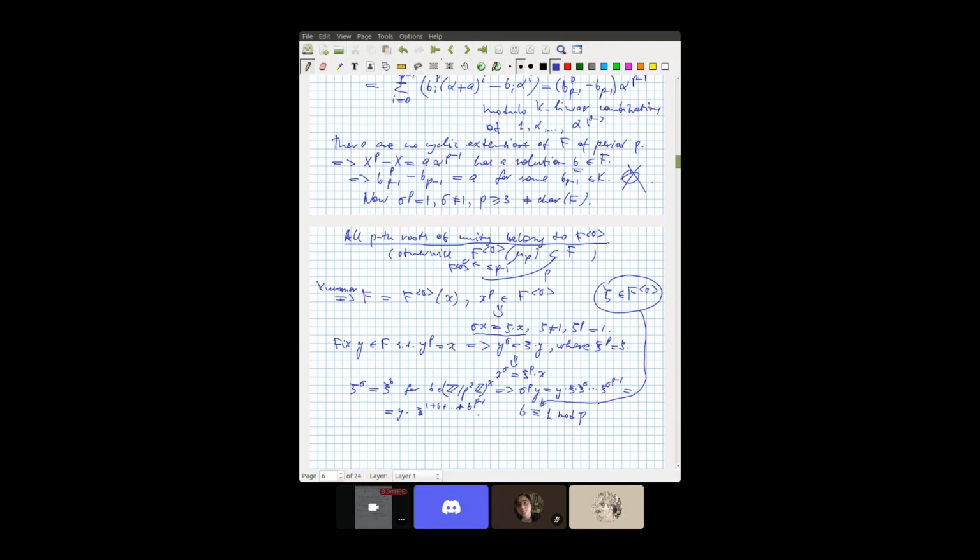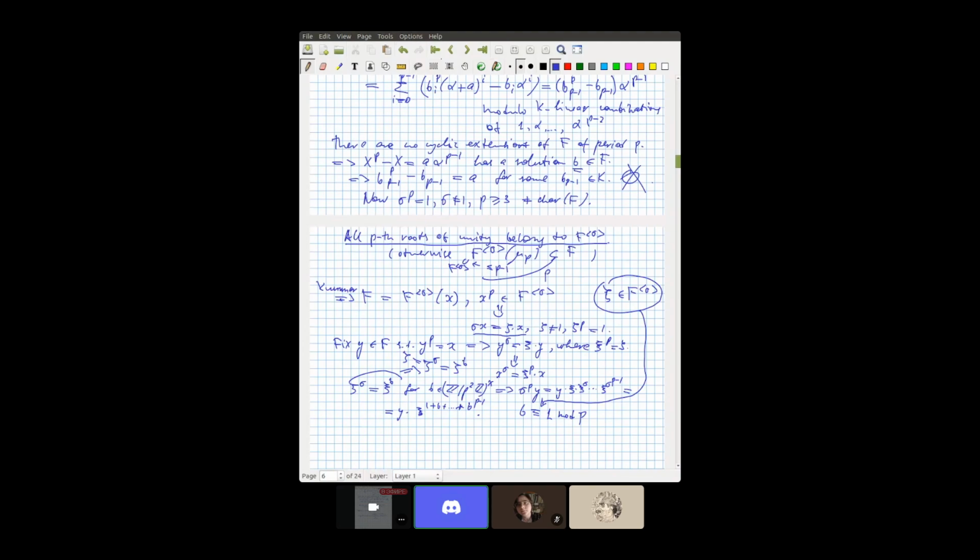And why is that? Because you see that if we raise this to the pth power, we get zeta to sigma equals zeta to b, and zeta is fixed by sigma, so this is simply zeta. So zeta to the b is zeta.